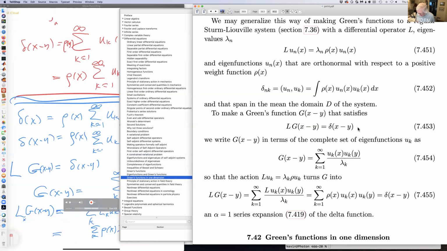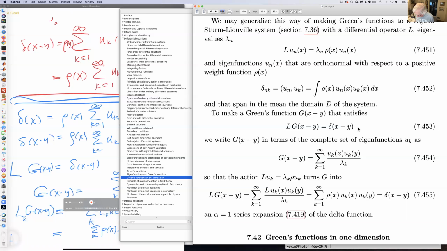And now what's happened on the right, you see, is that we have this constant ck there. So we have L of x on G. I'm writing G this way. L of x on G gives us L of x on uk of x, uk of y, some ck.